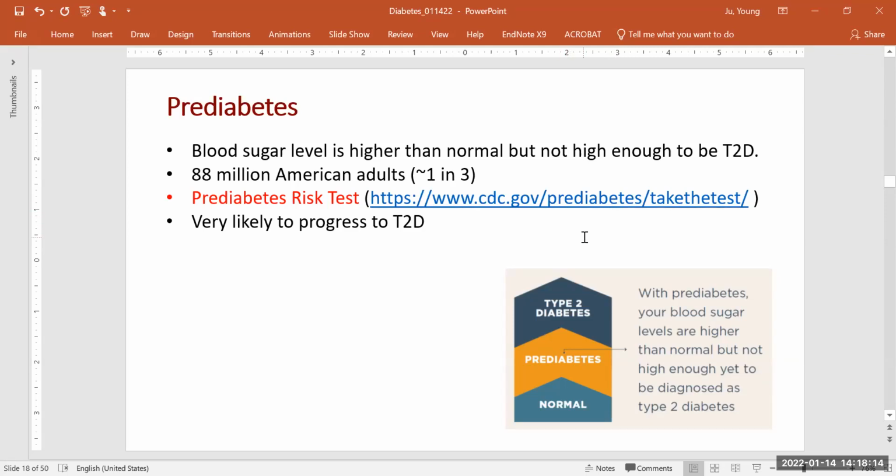I think it has 5 to 6 questions to get an idea of a possible diabetic condition. Without lifestyle changes, people with prediabetes are very likely to progress to type 2 diabetes.